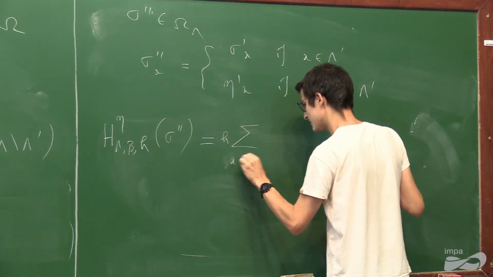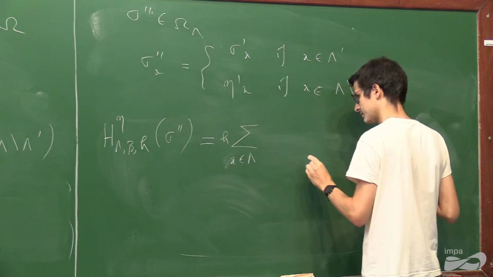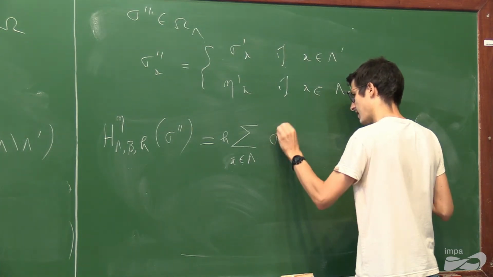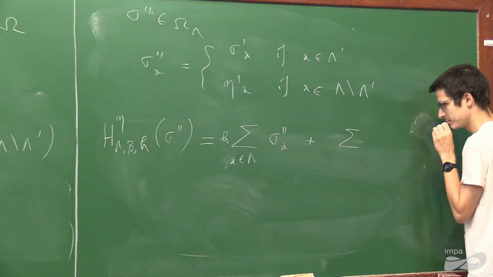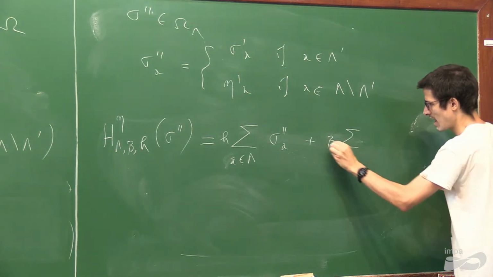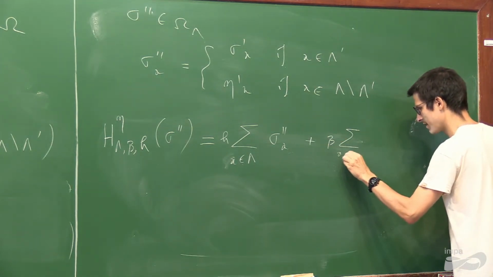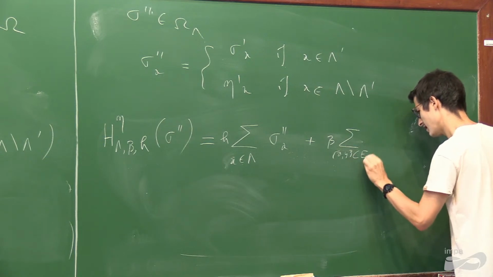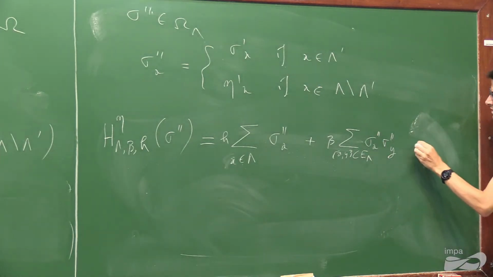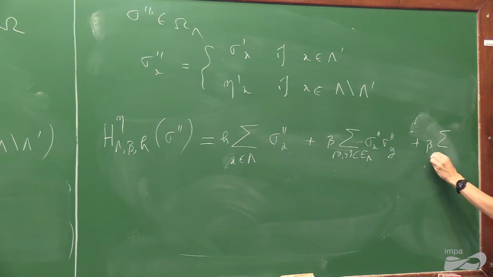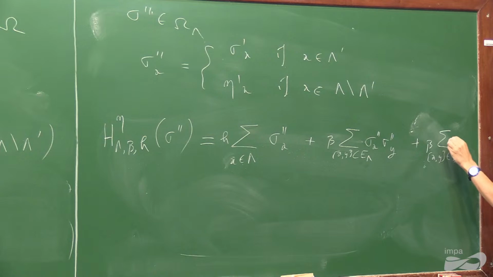So the sum over x in lambda of h times sigma prime of x, plus the sum over xy in E lambda of sigma x sigma y, plus the sum over xy in delta lambda of sigma x eta y.